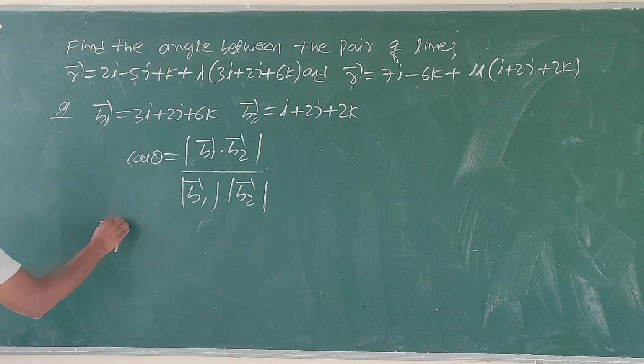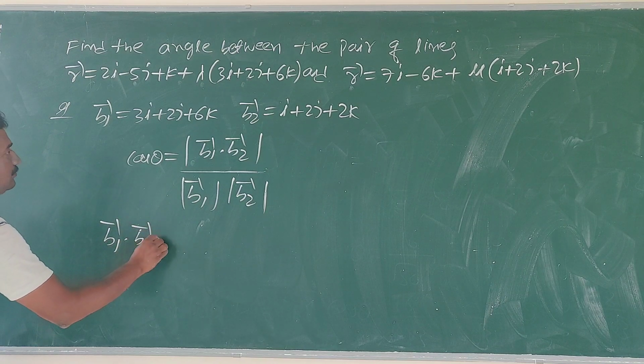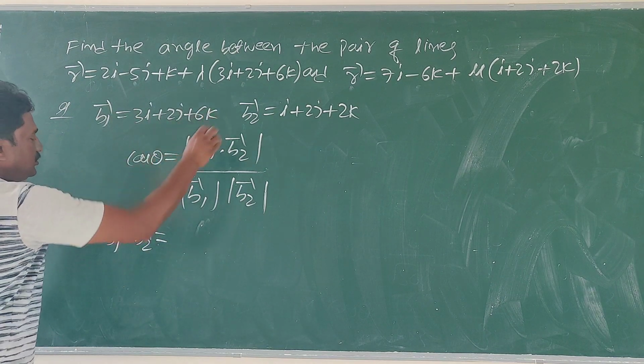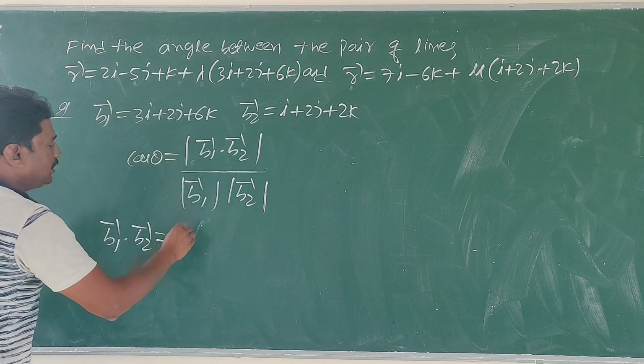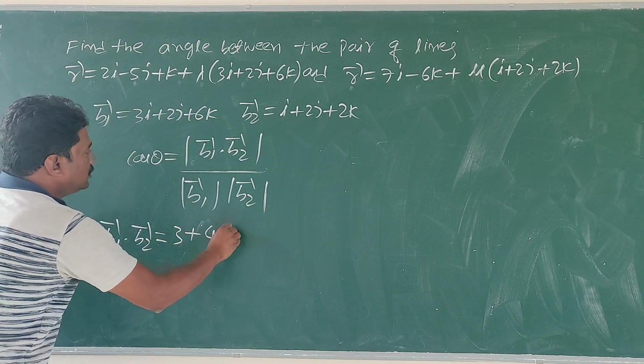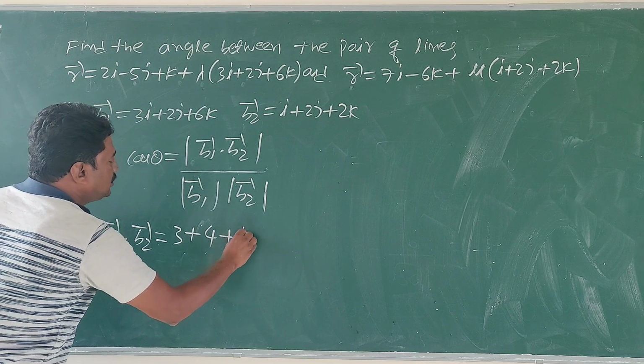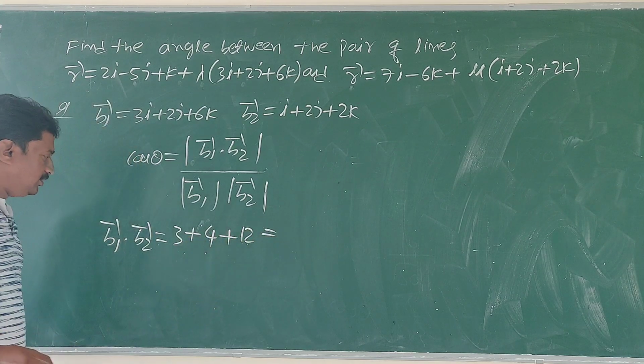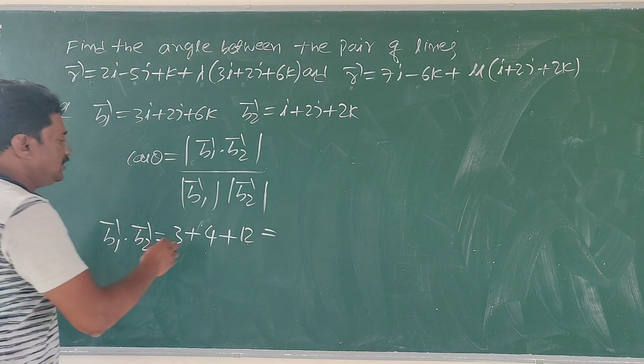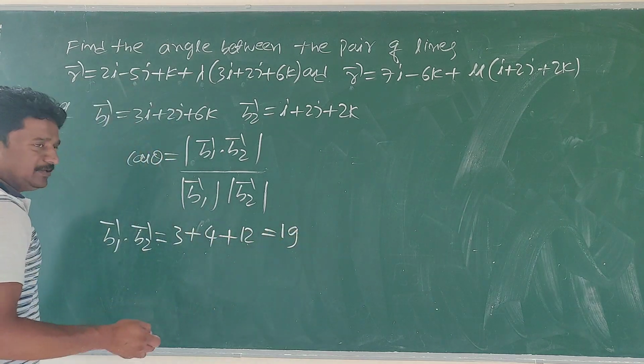b1 dot b2: i coefficient, 3 1s are 3, j coefficient, 2 2s are 4, k coefficient, 6 2s are 12, plus 4 is 16, plus 3 is 19. So I am getting 19.